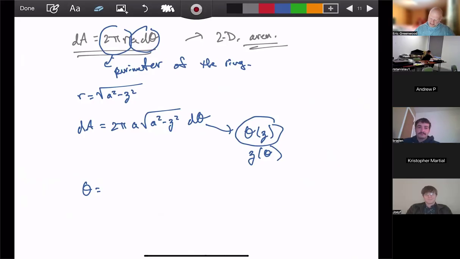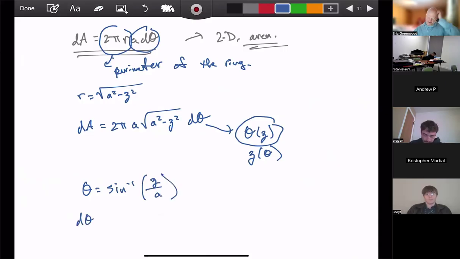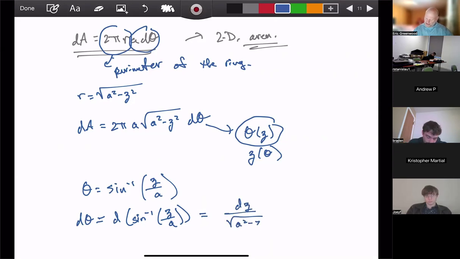So in this case, all we're going to do then is what? Theta is going to be the arc or inverse sine of, again, z over a. From here, all we're going to do is take a derivative of both sides. So I have d theta equal to the derivative of arc sine of z over a. The derivative of arc sine, as it turns out, is dz divided by the square root of a squared minus z squared.